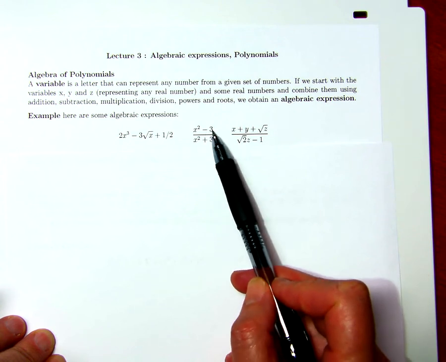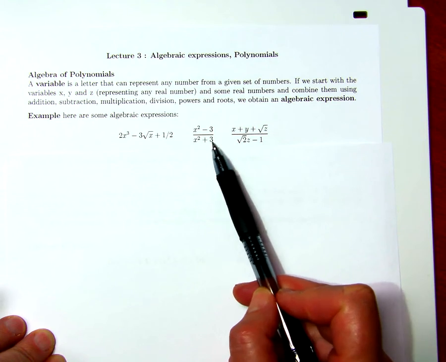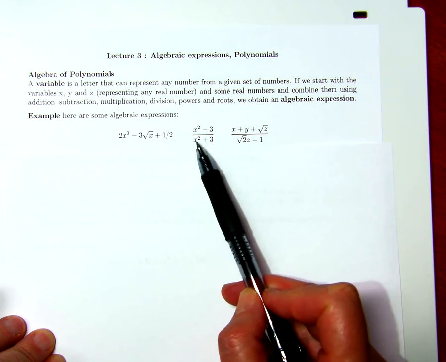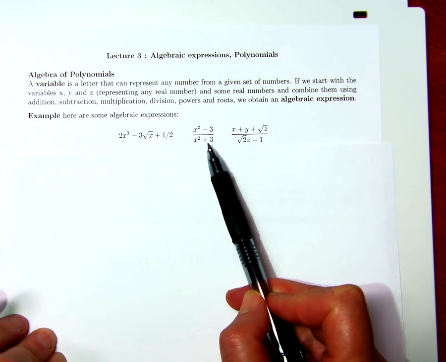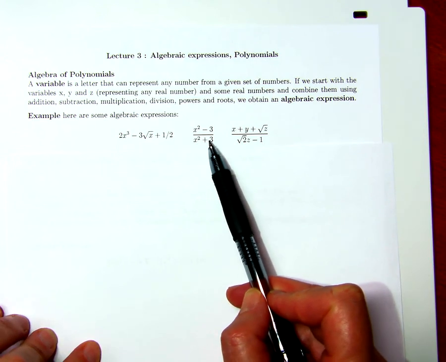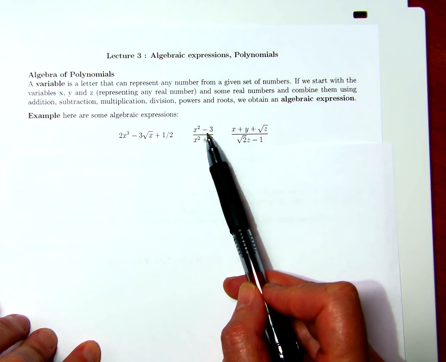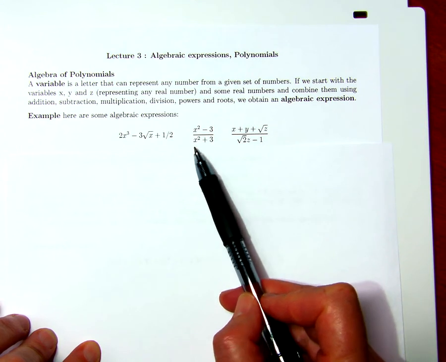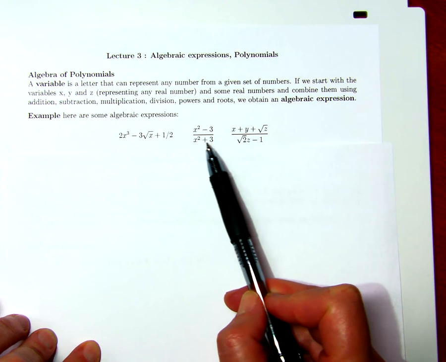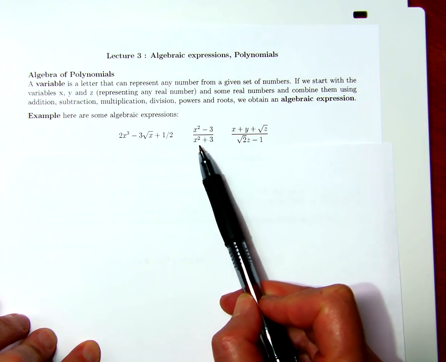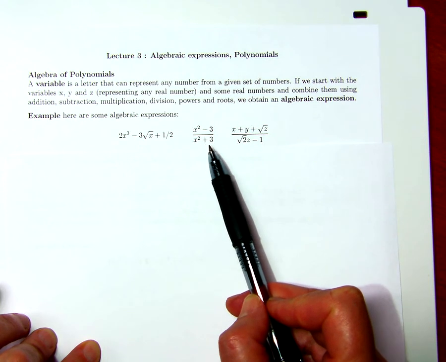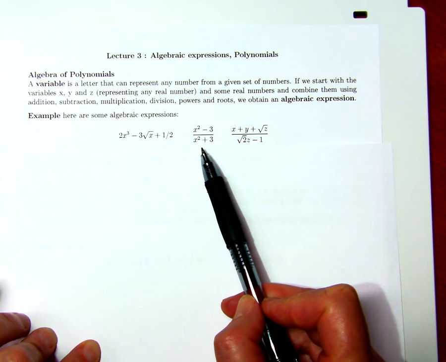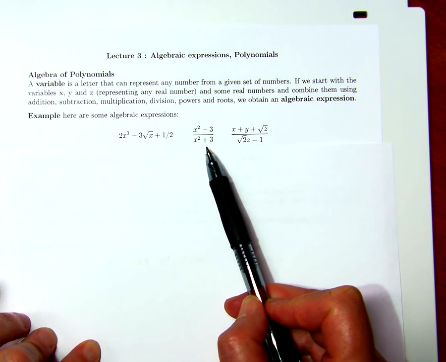And here, the only thing we have to worry about in this expression is we most certainly don't want the denominator to equal 0. So we can pick x to be any real number where the denominator here is not equal to 0, but that actually never happens because there's no real number whose square, when you add 3 to it, will give you 0.